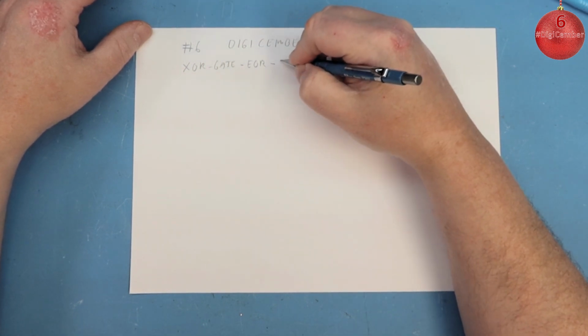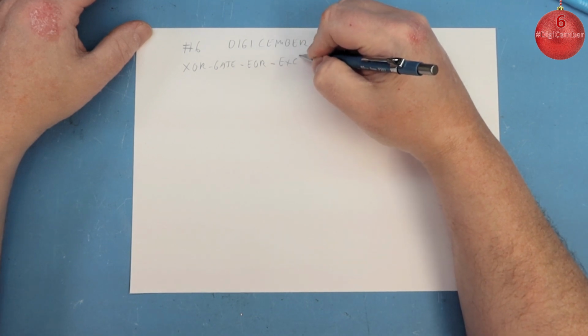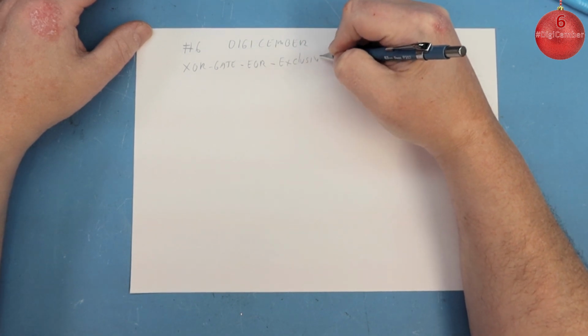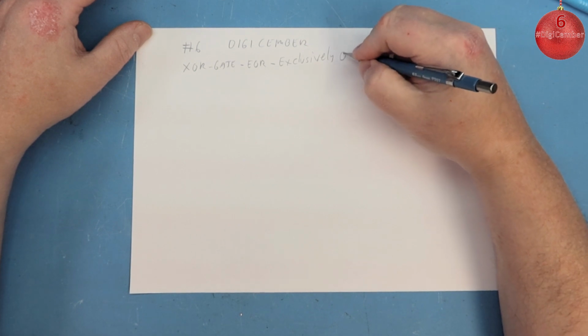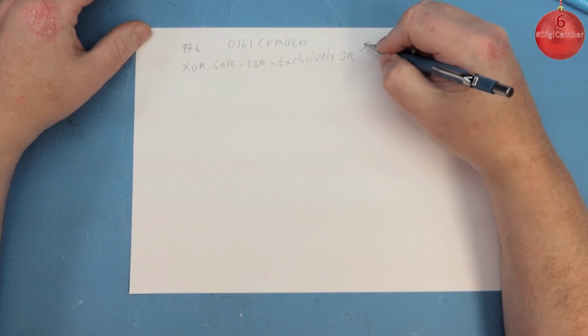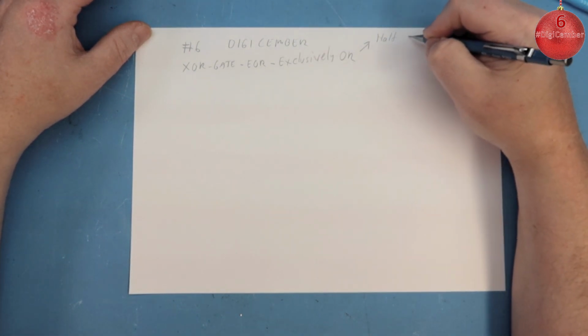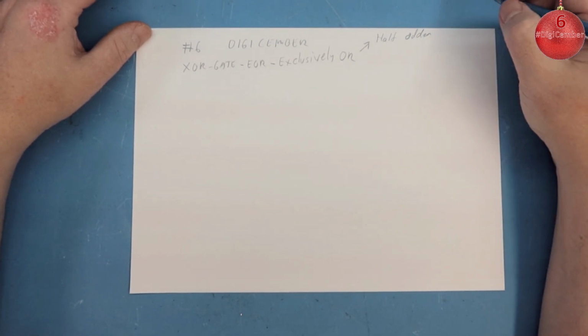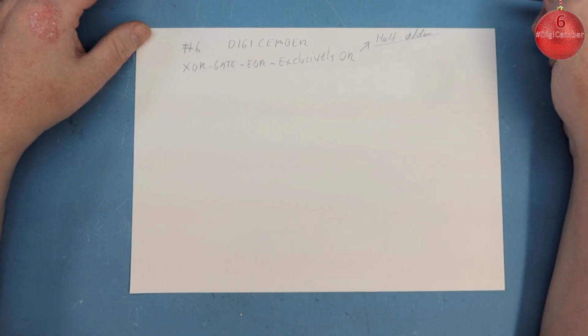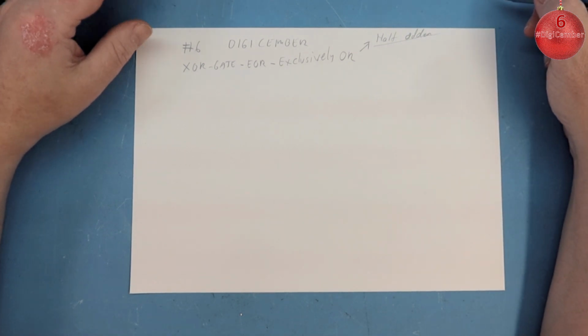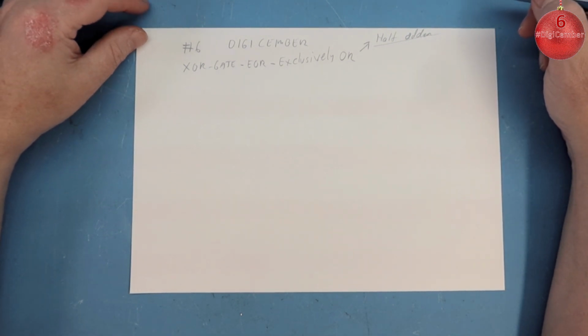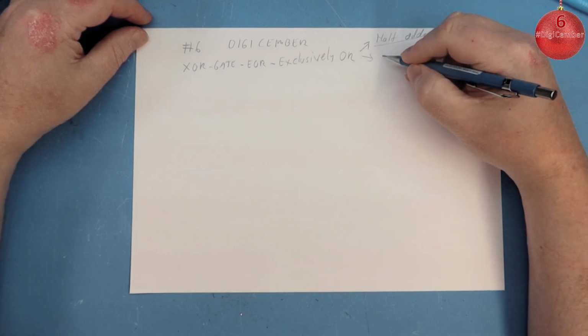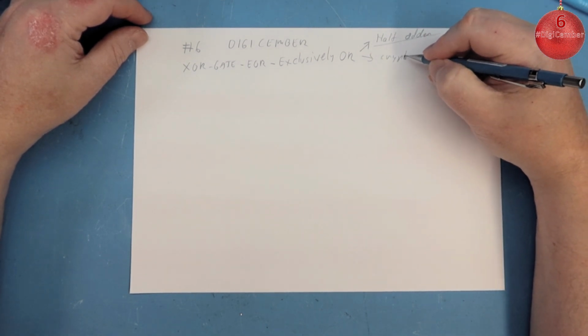It's also called EOR, or the full name, exclusive OR. And it's also called a half adder. This is used in mathematical applications when you are going to add two values, and this is also used in cryptography.